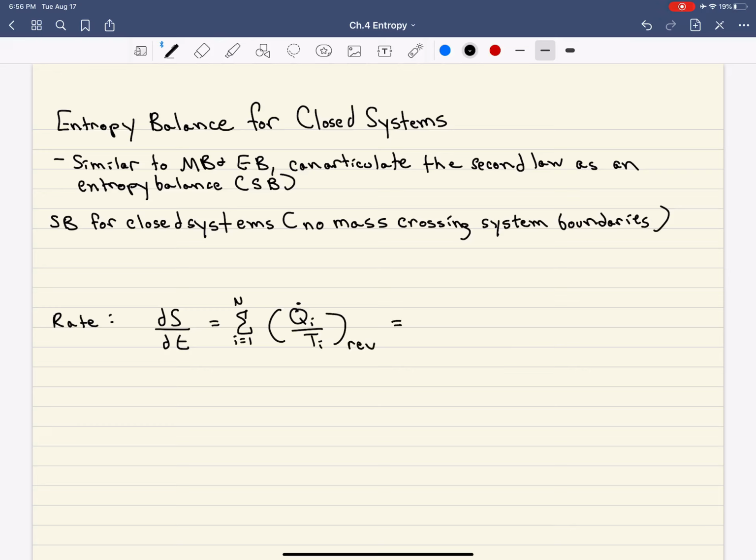And then this is going to be equal to the sum of Qi over Ti for the irreversible case, plus the entropy generated, dS_gen/dt.